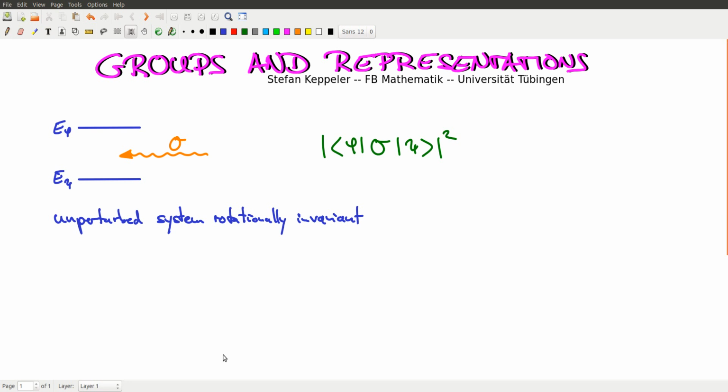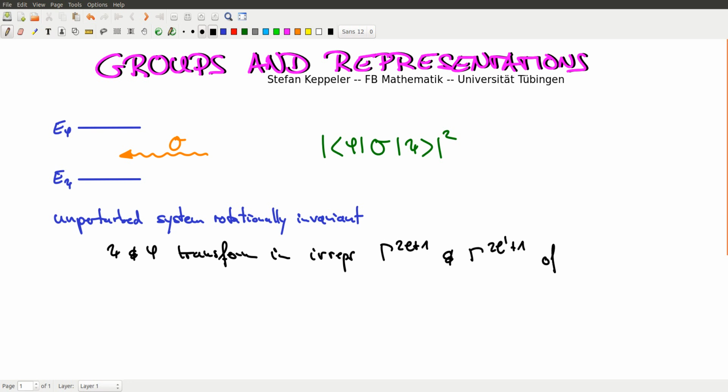And if this unperturbed system is rotationally invariant, then this means that our states psi and phi transform in irreps of SO3, let's say irreps gamma 2L plus 1 and gamma 2L prime plus 1 of the rotation group.